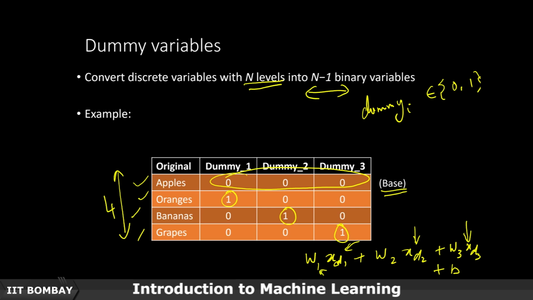So everything else is with respect to the base value that we have for that particular attribute. Keep that in mind. Whenever you have discrete variables that are not encoded as a number, we need to convert them into numbers so that we can apply some mathematics to them.